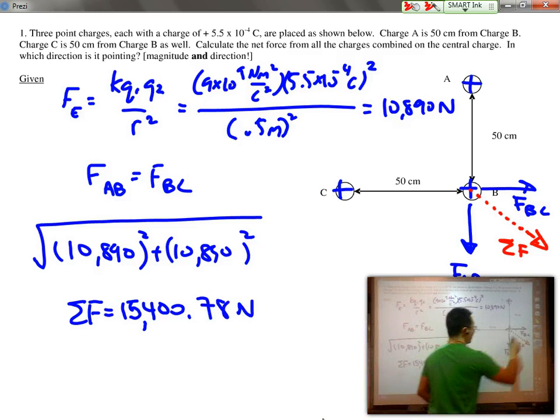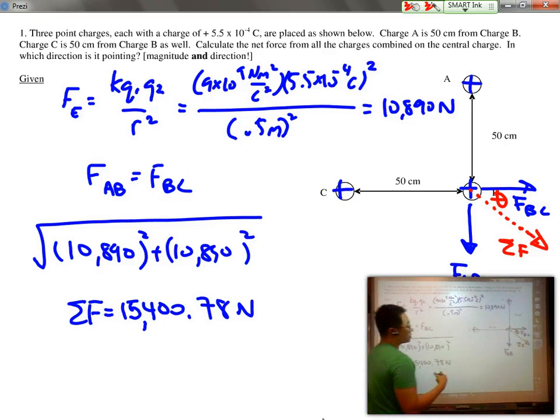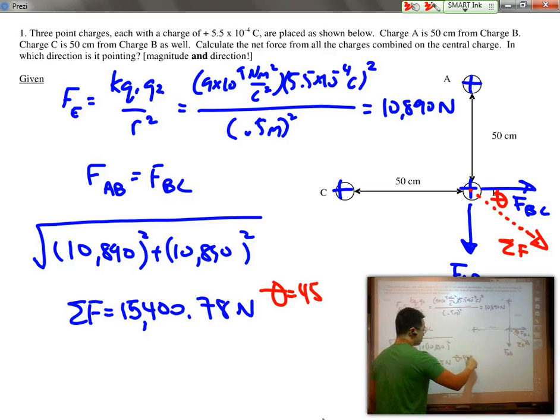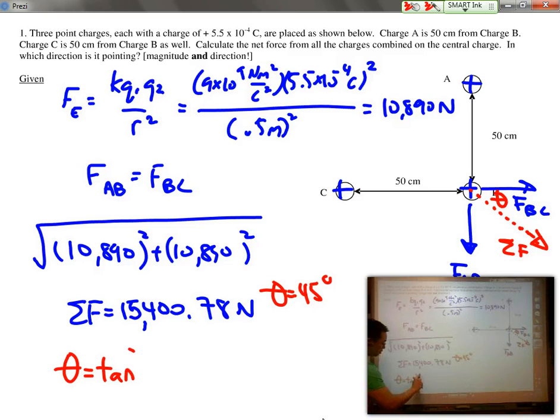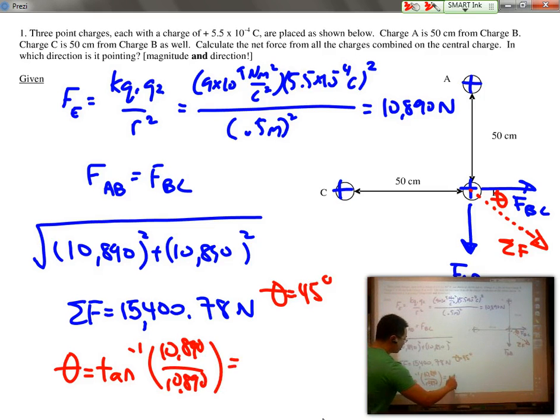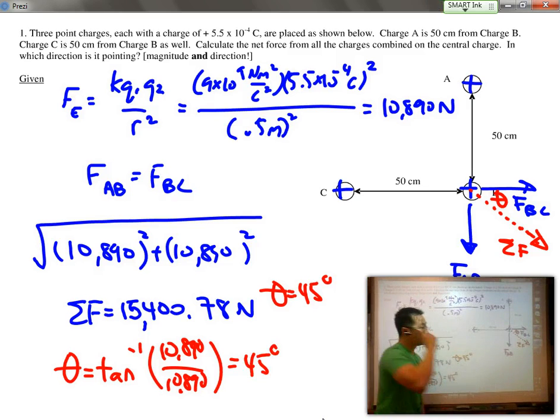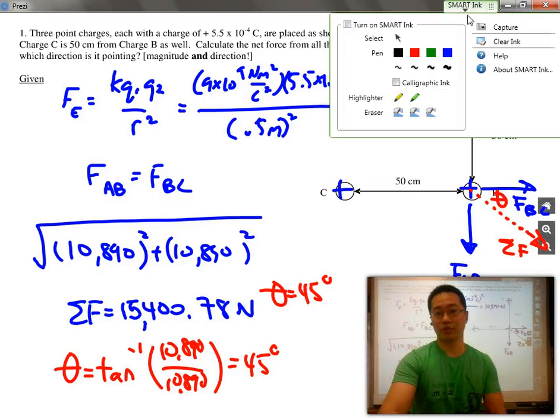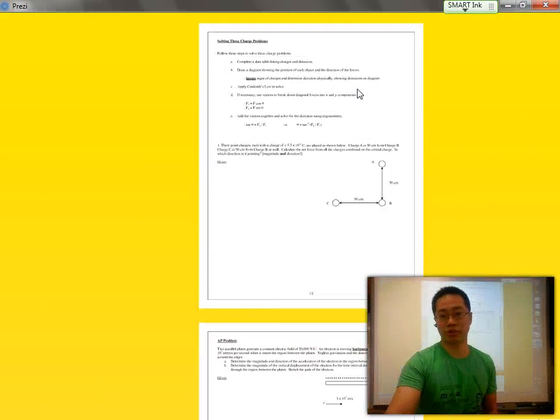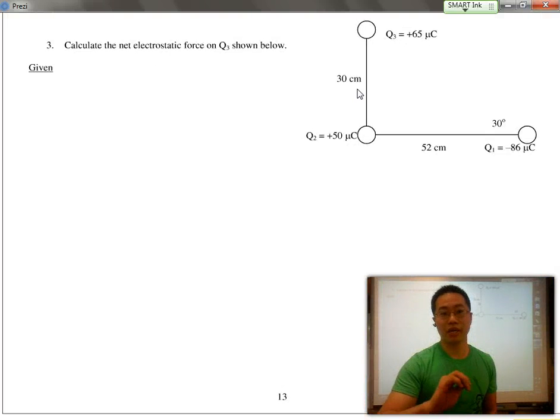If we wanted to solve for the angle as well, in this case, because they are equal to each other, the angle is 45 degrees, but we would use inverse tan y over x, so that would just be 10,890 over 10,890. In this case, will equal 45 degrees. It becomes more complicated when you're dealing with charges that don't use Pythagorean theorem as clearly.